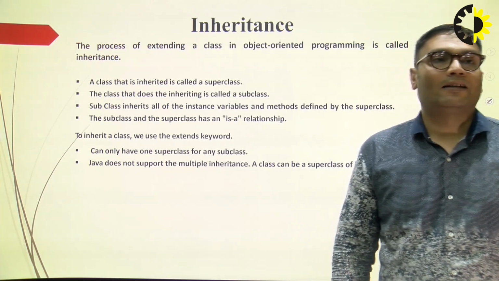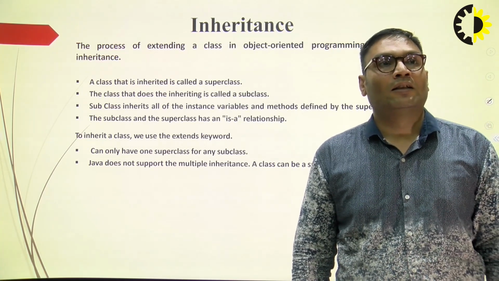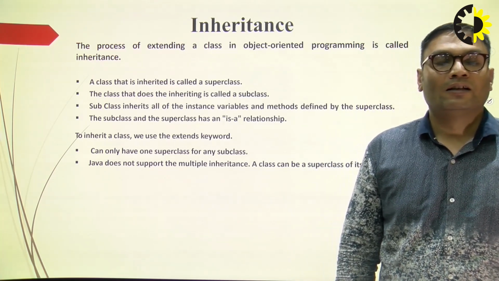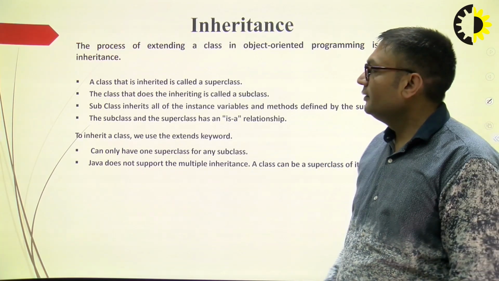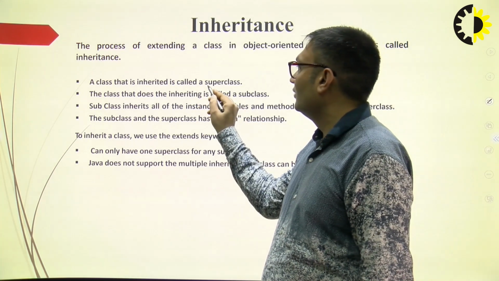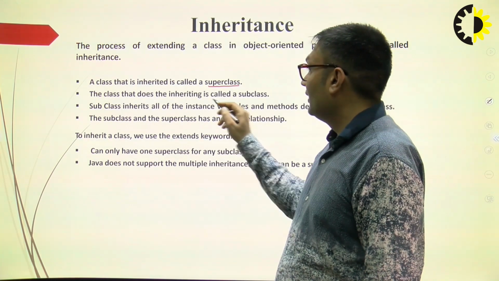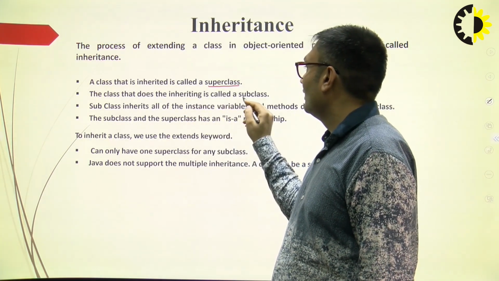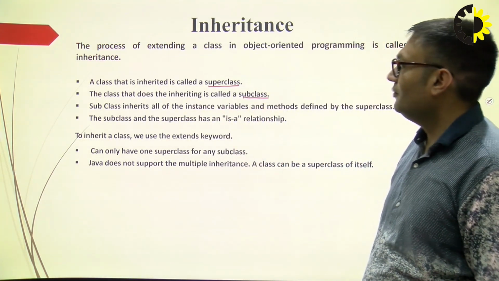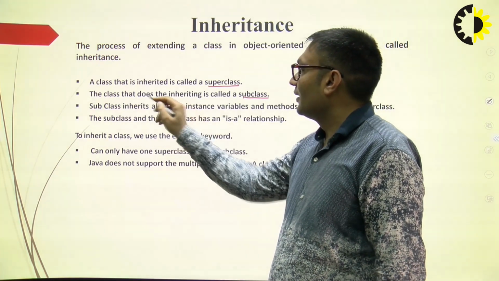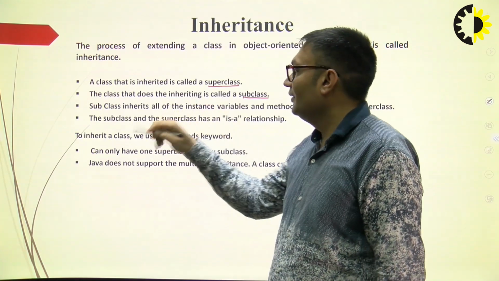So what is inheritance? Inheritance is the process of extending a class in object-oriented programming. The class that is inherited is called a superclass, and the class that does the inheriting is called a subclass.